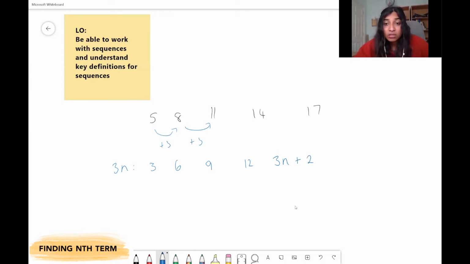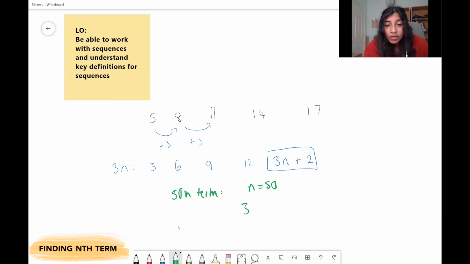They can then ask, what would the 50th term in the sequence be? You can try that out for yourself, but what you would do is plug n equals 50 into your expression.